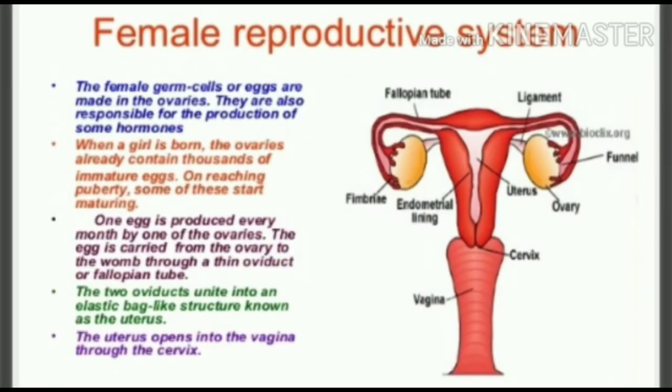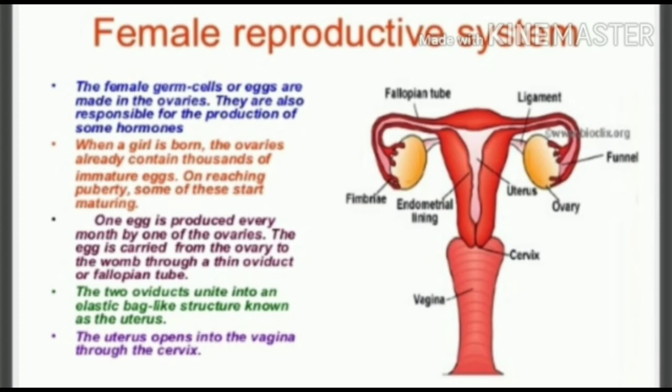The female germ cells or eggs are made in the ovaries. They are also responsible for the production of hormones like estrogen and progesterone. When a girl is born, the ovaries already contain thousands of immature eggs.